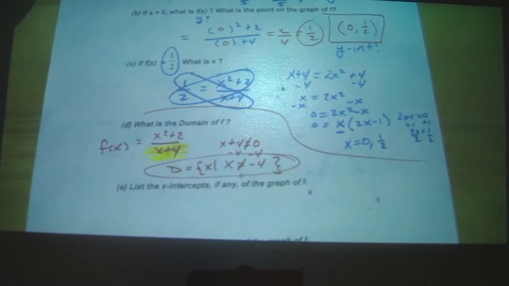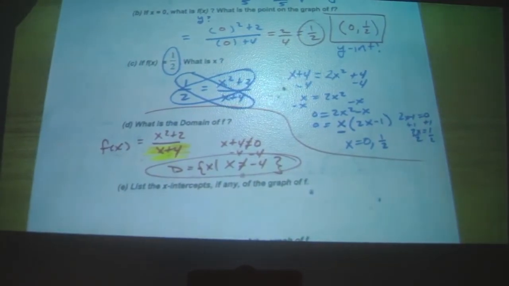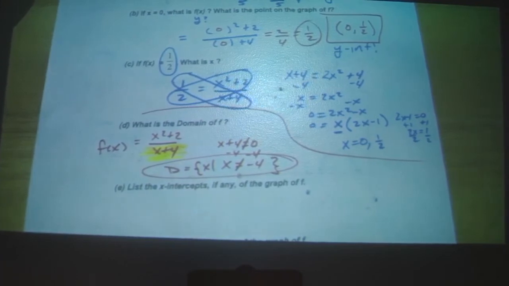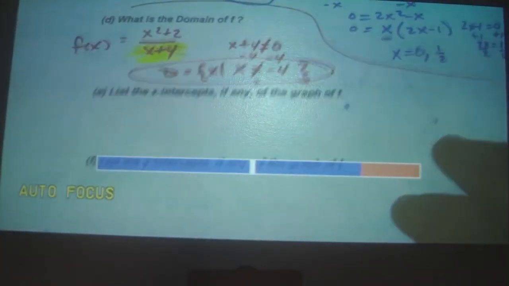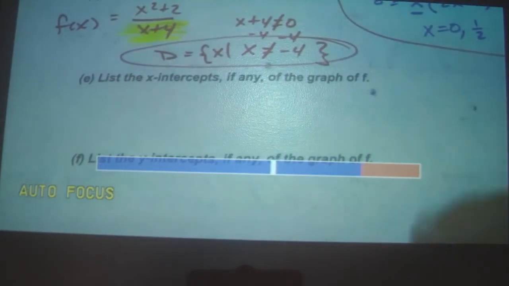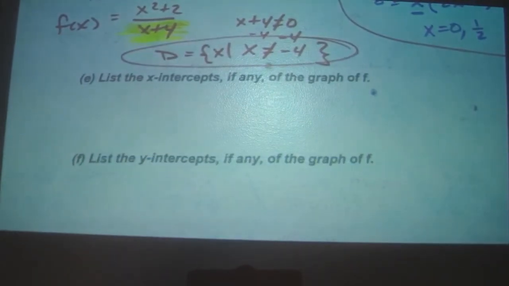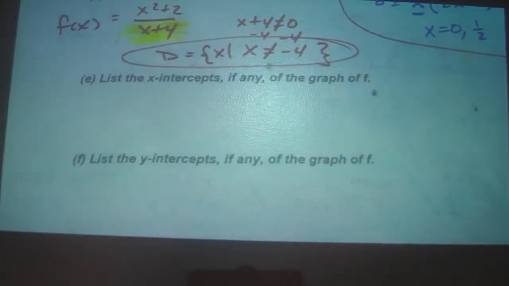All right, next, list x-intercepts. You got to know a little bit about x-intercepts. What do you guys know about x-intercepts? Allie, Rachel, Zoe H. What do you guys know about x-intercepts? X-intercepts and y values. What do we know about y values?